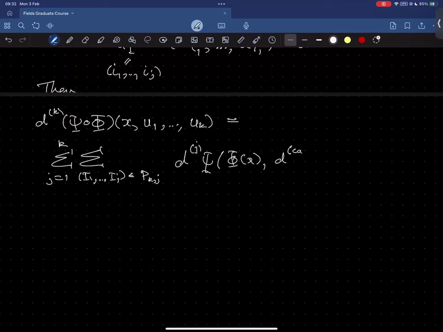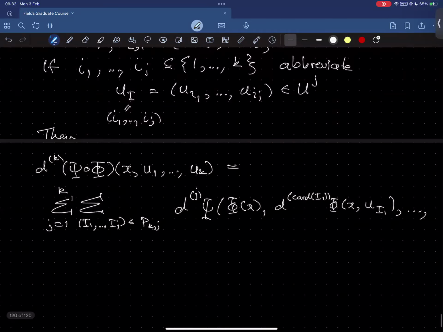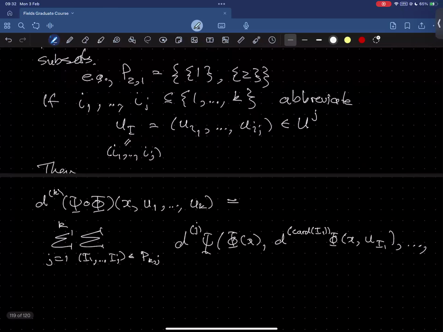So it's card, which means cardinality, the size of the set. D^{card I_1} phi(x) u_{I_1}.